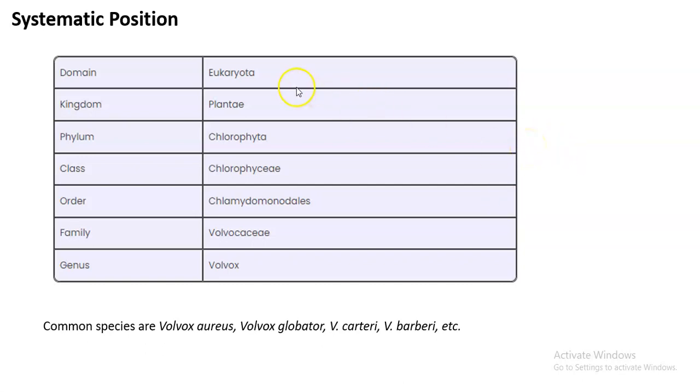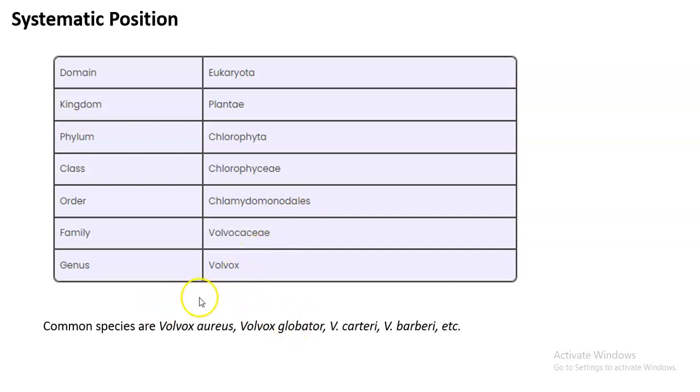So the domain is eukaryote, it has a nucleus. Then kingdom Plantae, phylum Chlorophyta, class Chlorophyceae, order Chlamydomonadales. They come under the same order. Then family Volvocaceae, then genus Volvox.